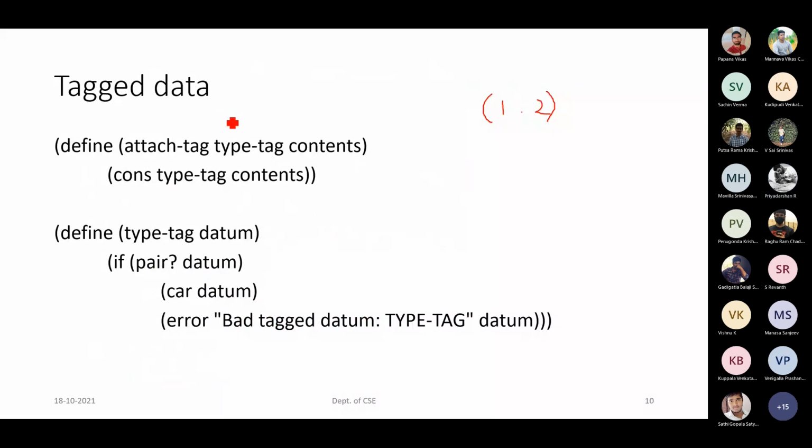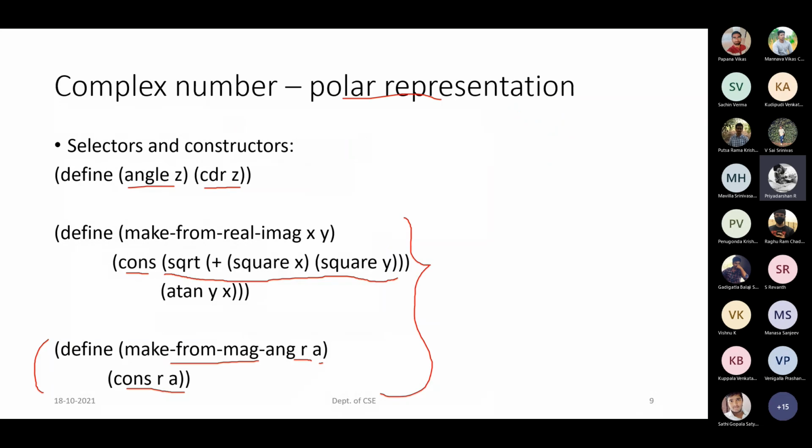Ma'am, even though the function name is the same, the arguments are different, right? No, but this is for angle and those are for x and y. Angle, magnitude, real part, imaginary part, those are selectors.